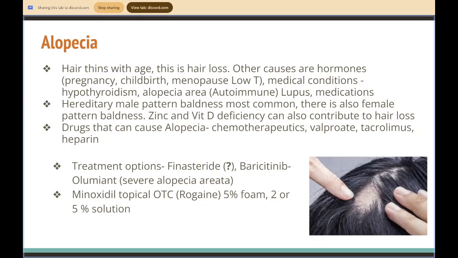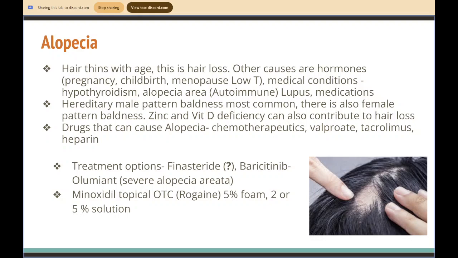And while we wait on some answers, we have baricitinib, which is Olumiant, and this is for severe alopecia areata. Minoxidil topical is available over the counter. Brand name is Rogaine, and you have 5% foam and 2 or 5% solution.